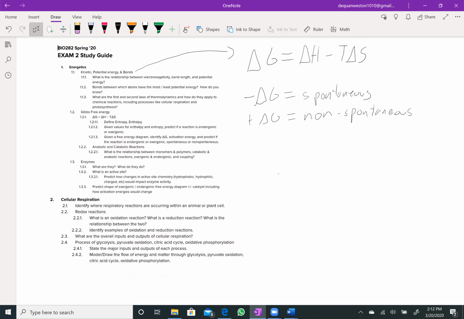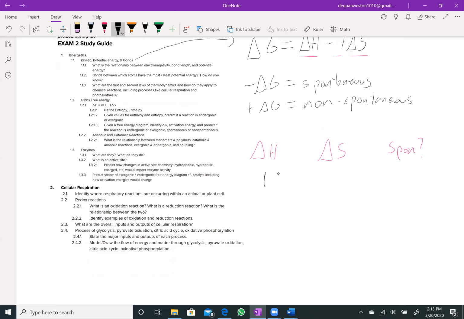So we have some variables here. We have change of H, change of S, and T. So here's the table I made, and I think it works really well. You have change in enthalpy, change in entropy, and then spontaneous, question mark.